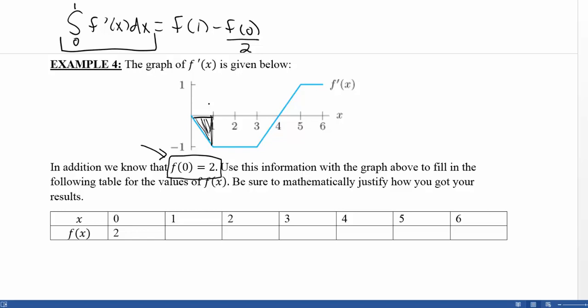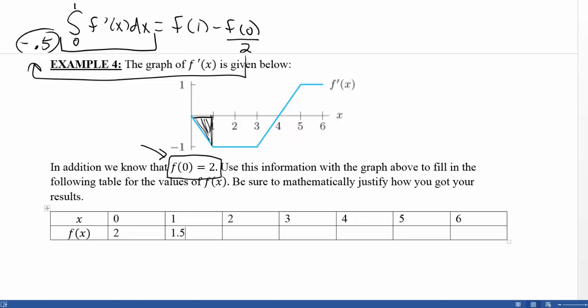So half times 1 times -1 is -1/2. So this integral, the area, is -0.5. So to get f of 1, we're going to need to add the 2 over to the left. And if we add this 2 over here to this -0.5, we get that f of 1 equals 1.5.